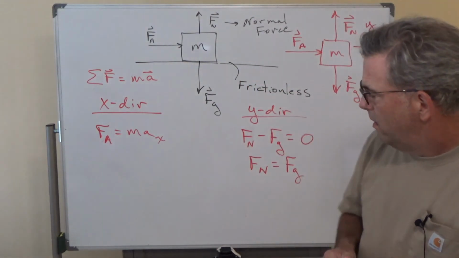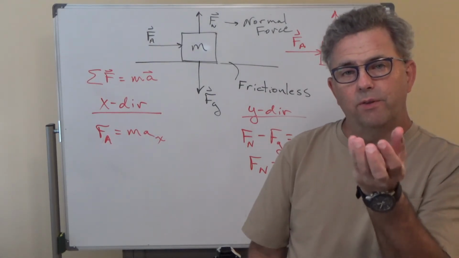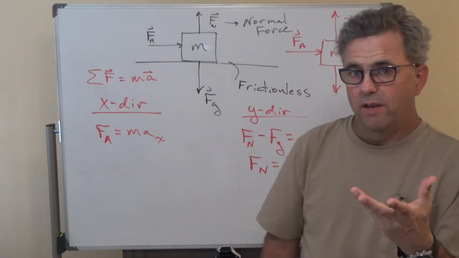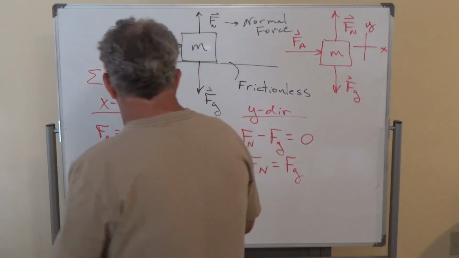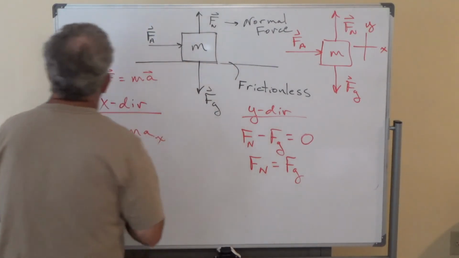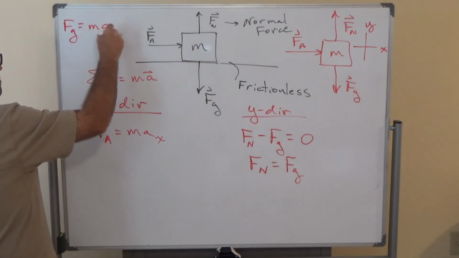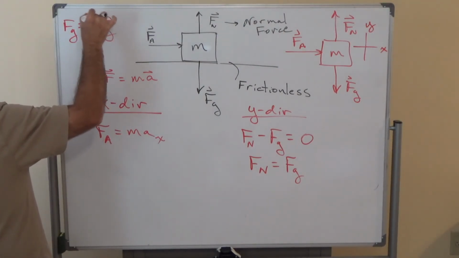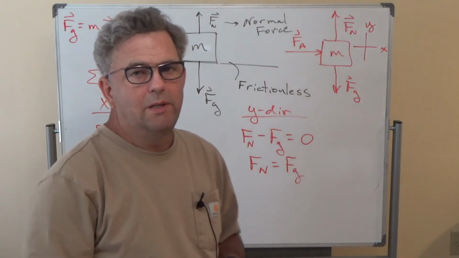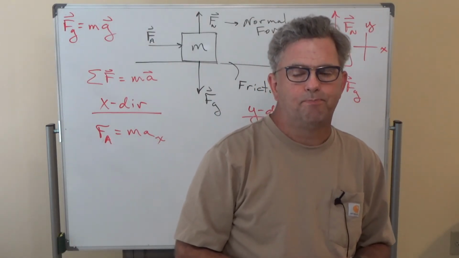Okay. What is this gravitational force? If you have a massive object under the influence of the acceleration due to gravity, then pretty darn simple. The force due to gravity, and I'm sure many of you know this, F_g is simply equal to mg. I can write it as a vector. We typically give the acceleration due to gravity the vector symbol.